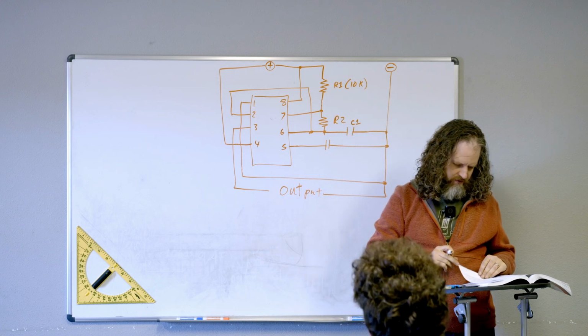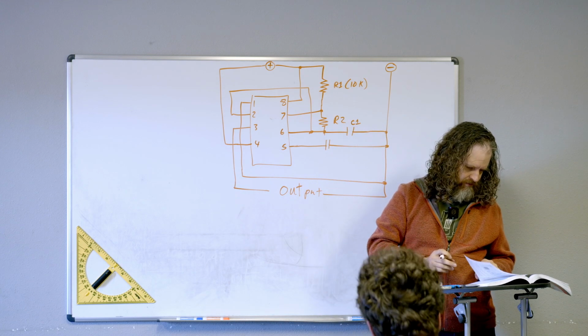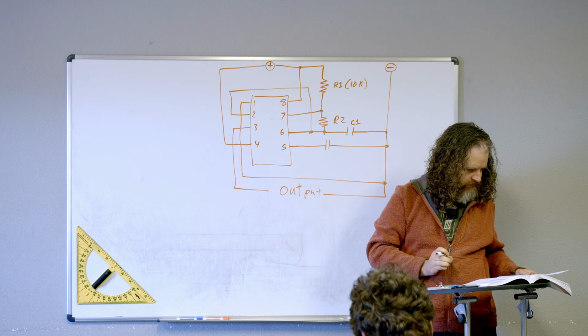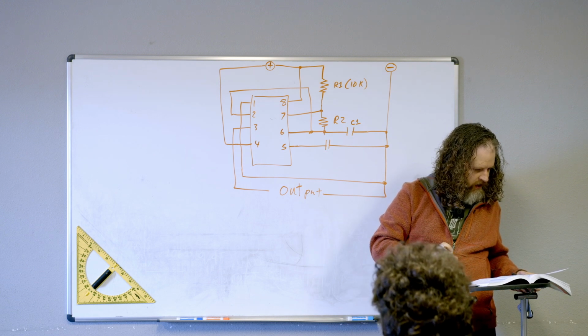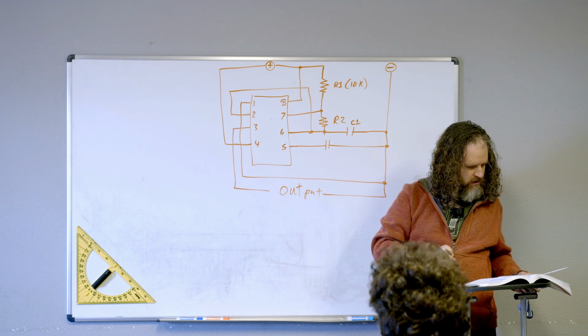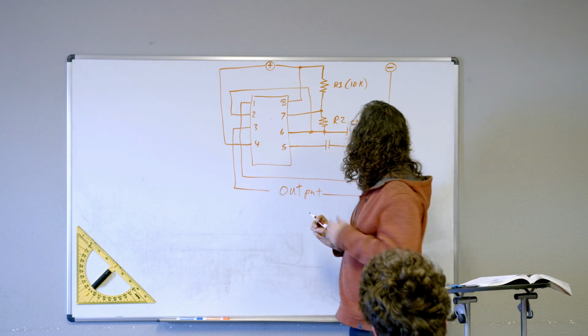C2 is usually a 0.1, or something like that. Let's see what they use. They use a 0.01. That's fine.